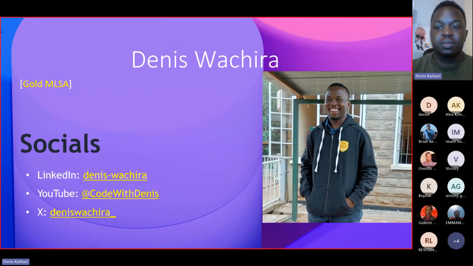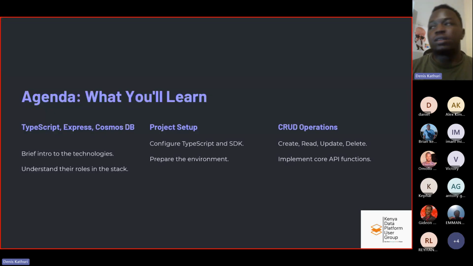And what we learn today will be a simple setup of an Express API. So an API is an application programming interface, and JavaScript and TypeScript offer a backend framework, which is Express.